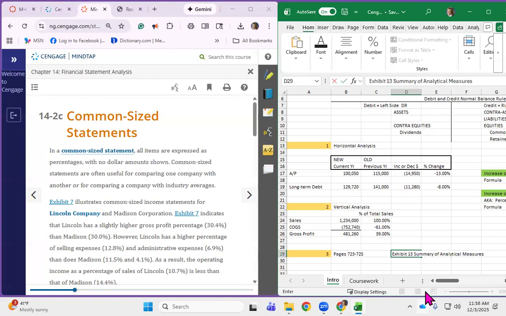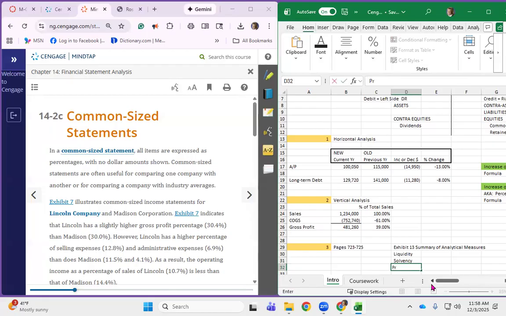All right, so we have liquidity measures. We have liquidity, which I already talked about, solvency measures, and profitability. Liquidity is, can you pay immediate bills? These are liquid assets, your assets close to cash.